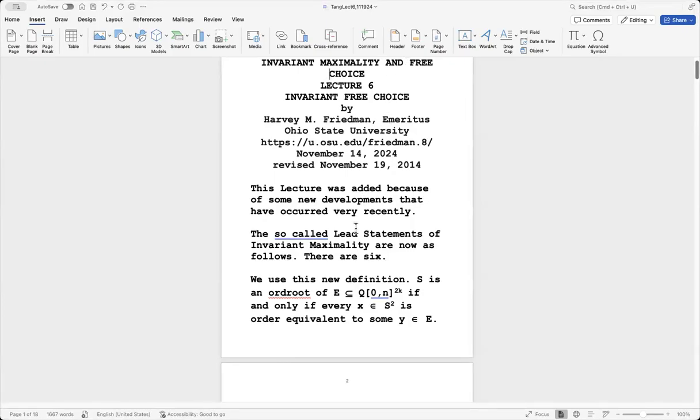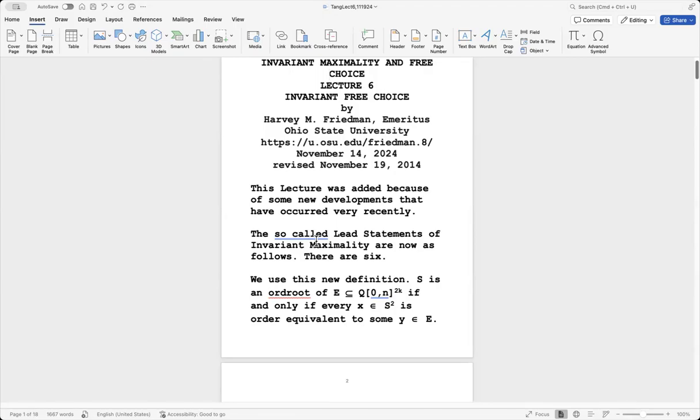All right, so the free choice is somewhat recent. I want to start by reviewing the structure of the invariant maximality. It took a while to settle on this because there are multiple variants, but they have to be grouped and organized in a nice way. So that's what I want to review.